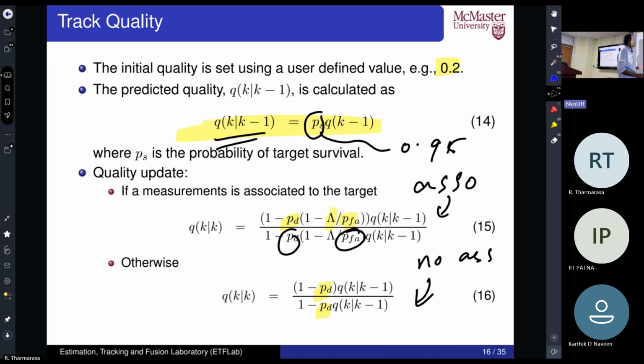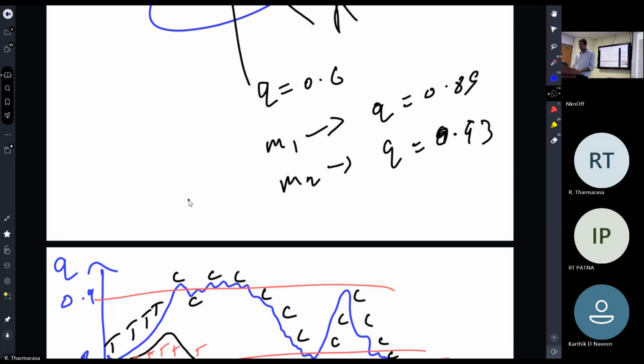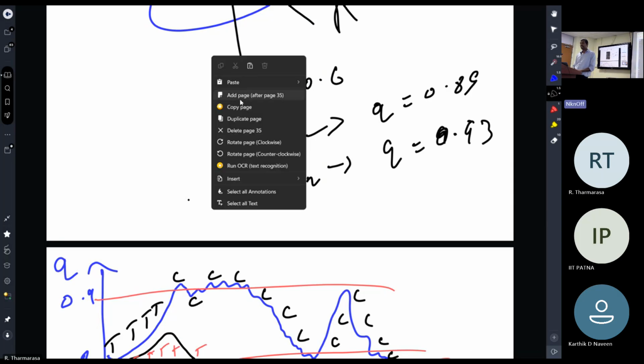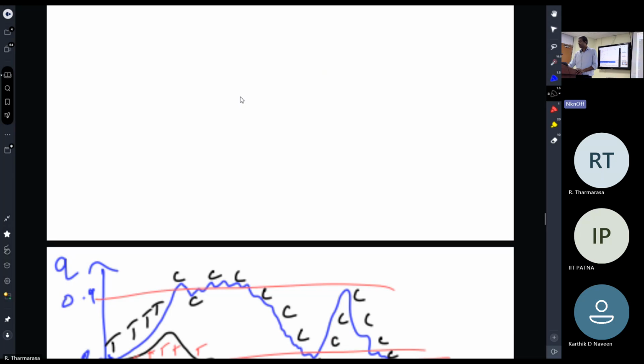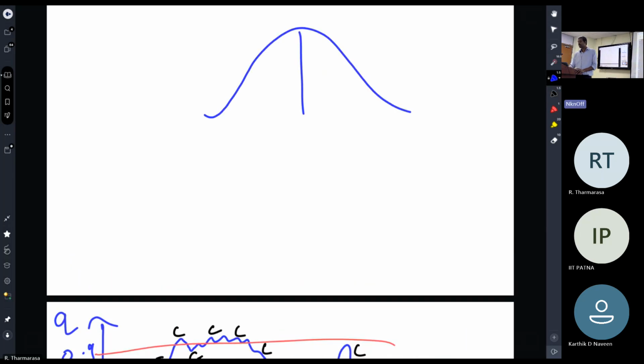Lambda, I didn't bring the equation, but for any data association you have lambda. In the scalar dimension, if you have a Gaussian distribution, this is your S-hat and this is z.